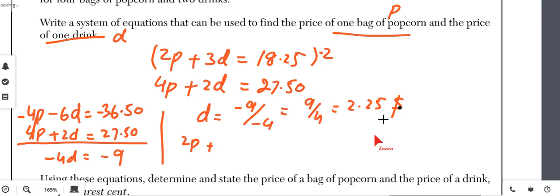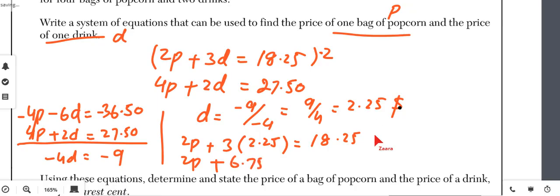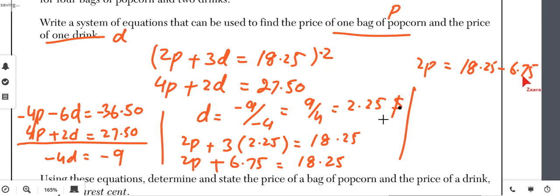So 2p plus 3 times 2.25 equals 18.25. So 3 times 2.25 is 6.75, right? I think you are using the calculator now. That's good, we need to practice that. So 2p equals 18.25 minus 6.75.